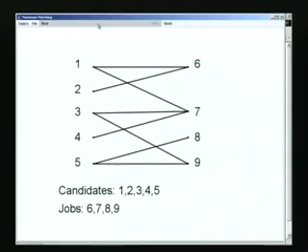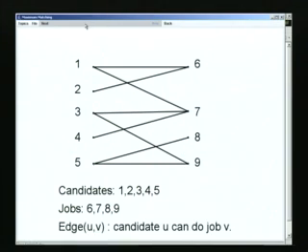Let me now relate this matching problem to that of our candidates and jobs problem. This first set of vertices, which we call U, can be thought of as the candidates. So, think of 1, 2, 3, 4, 5 as being the candidates. And the jobs are represented by this second set, which we call V. We draw an edge from a vertex over here to a vertex over here if the corresponding candidate can do this job.